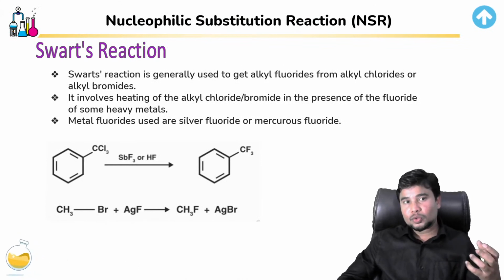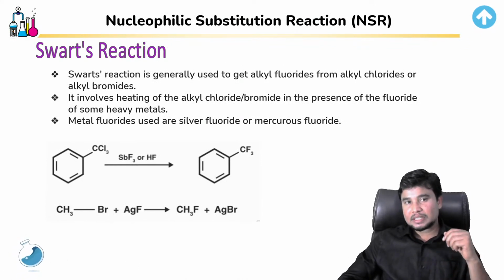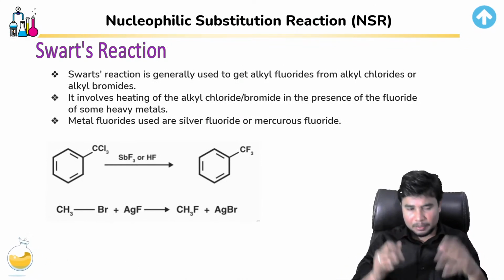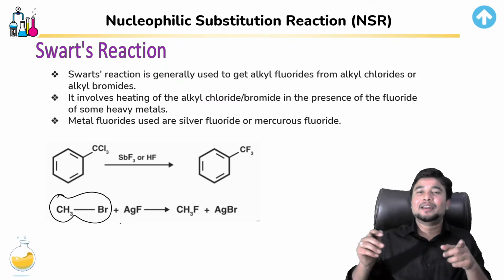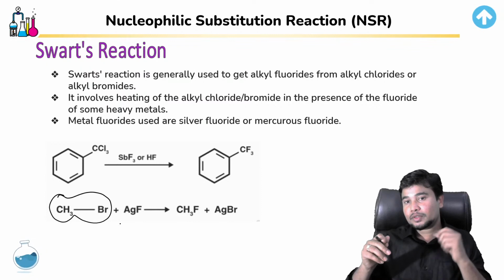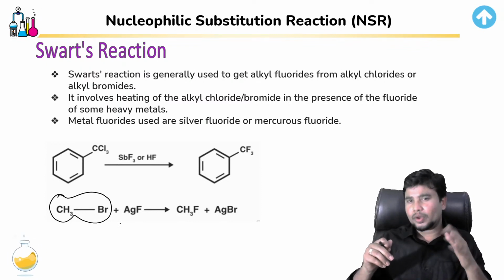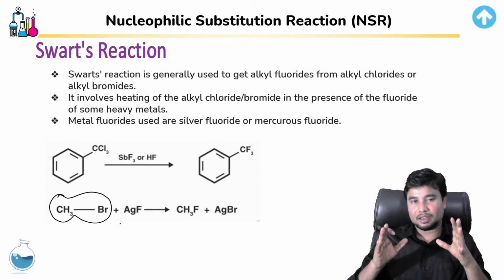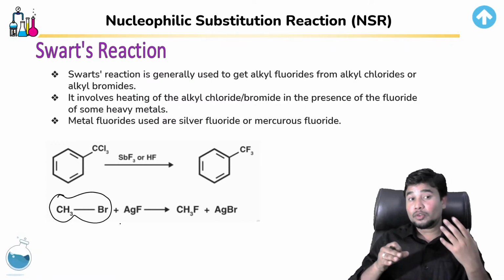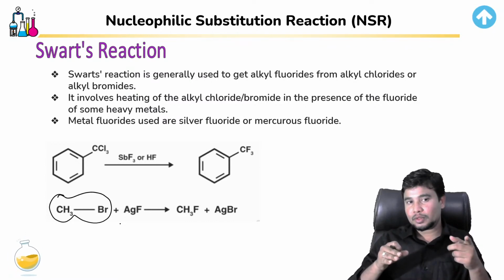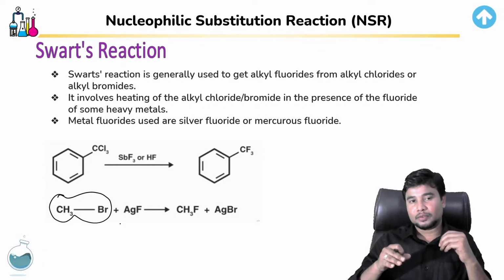Let us move to the Swarts reaction. For example, if you have an alkyl halide and you want that halogen to be replaced with fluorine. You know, fluorine is very reactive. It doesn't stay unreacted. That's why it would always be in the bonded form. So if we want to replace that bromine with fluorine, it is going to be a little difficult.